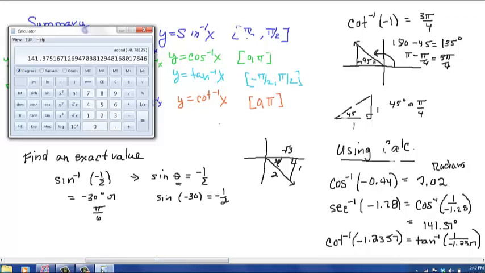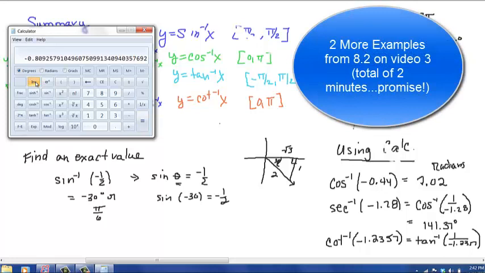So bringing up the calculator. All right, so we have 1 divided by 1.2357. Make it negative. Inverse tangent. So that gives me an angle, like I said, of negative 38.98 degrees.